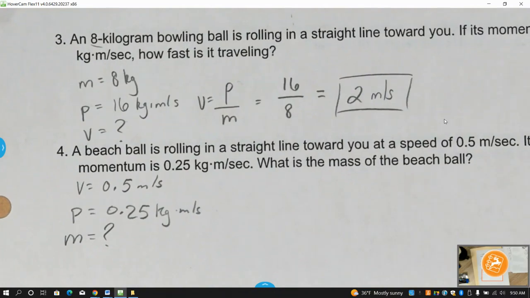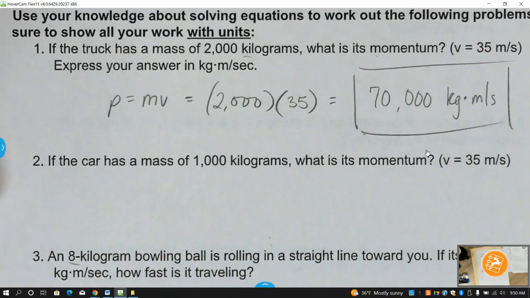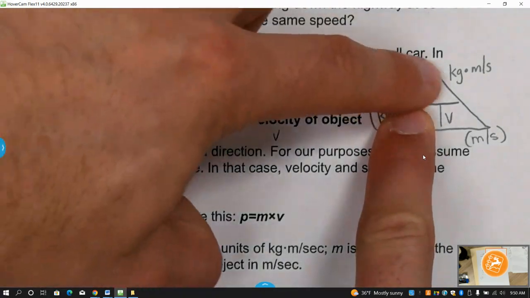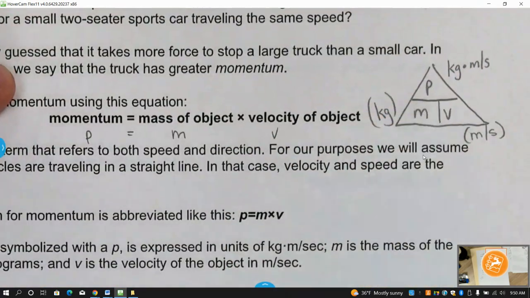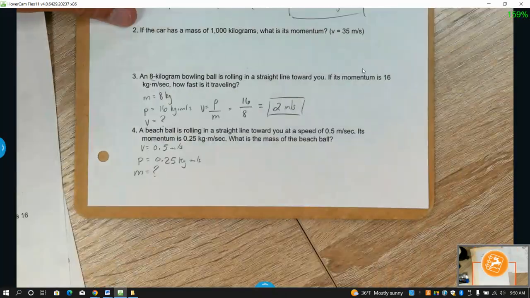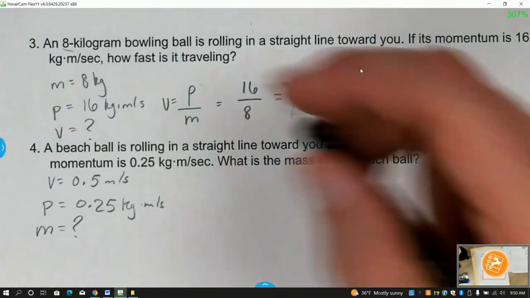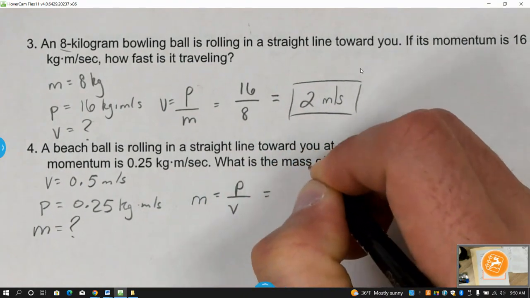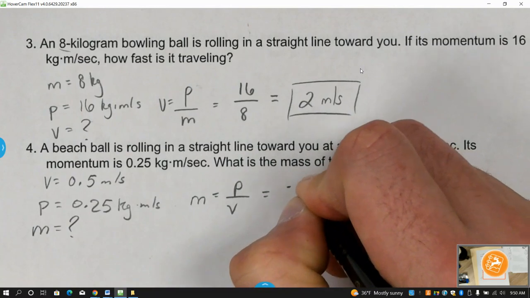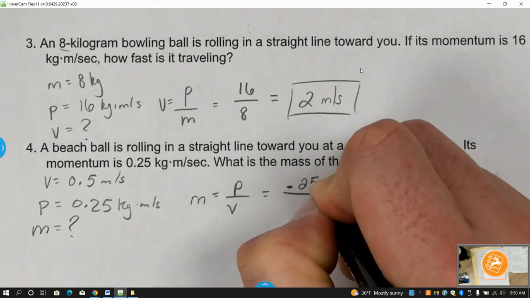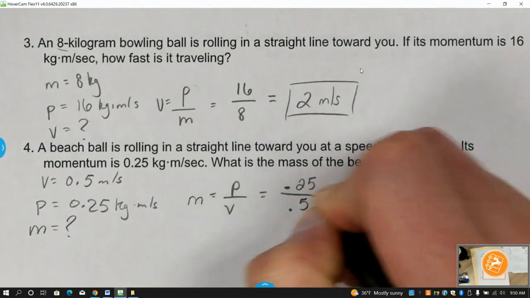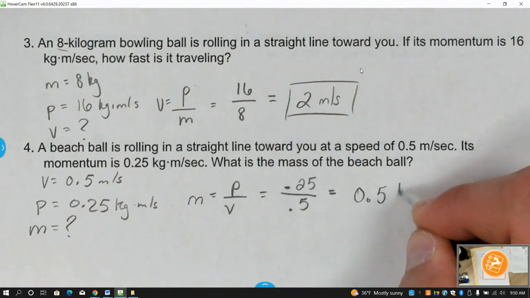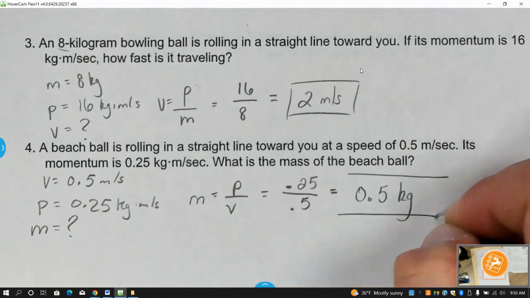So again, if I go to the triangle, if I cover up M, M is equal to P divided by V. So M is equal to P over V. If P was 0.25 and velocity was 0.5, you are going to get a mass of 0.5 kilograms.